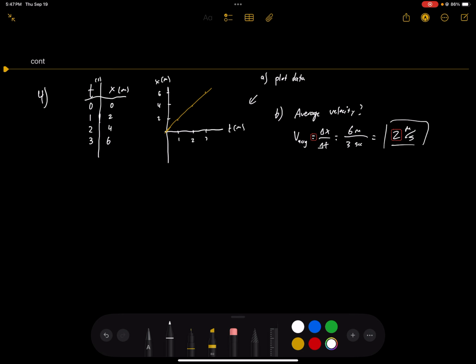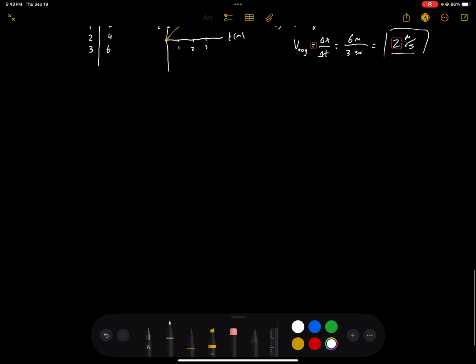And let's say, all right, so let's add to this. All right, so let's say it returns back. So this cart returns back to origin. Or I should say original position, okay?